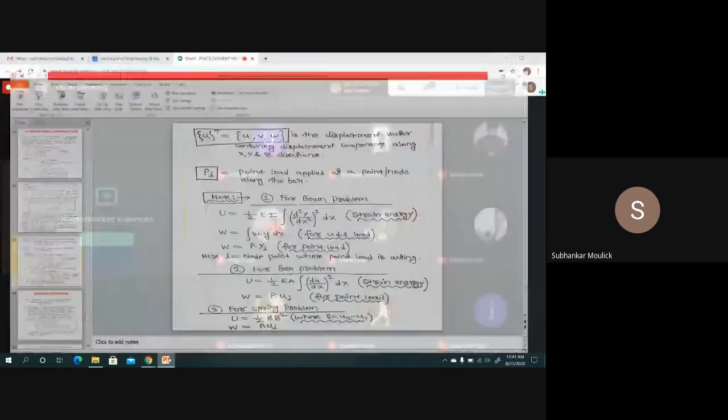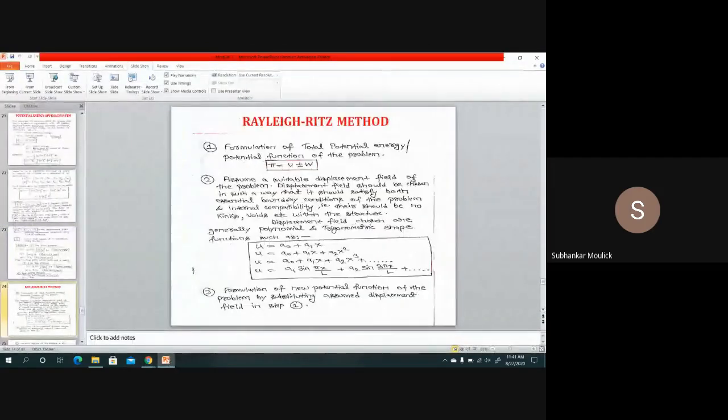So in today's class, we will be starting the last topic of this module, that is the Rayleigh-Ritz method. What is the Rayleigh-Ritz method?